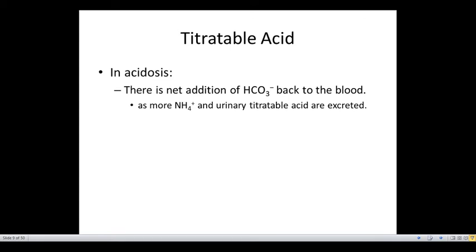In acidosis, therefore, there is a net addition of bicarbonate ion back to the blood, as more ammonium ions and urinary titratable acid are excreted.